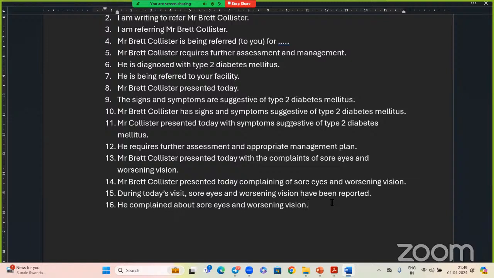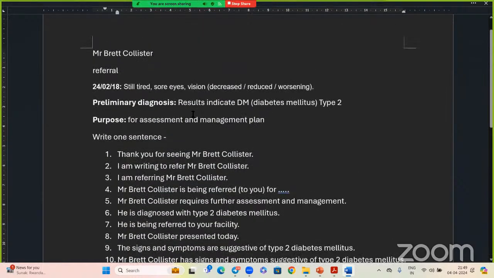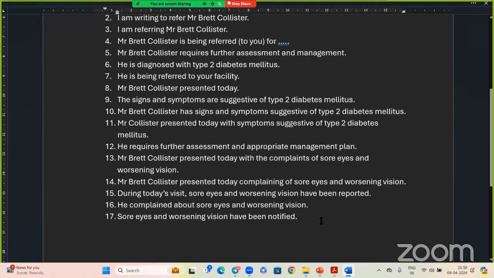Or you can say, sore eyes and worsening vision have been reported or notified. So I'm giving you multiple options. See, small points, but how many sentences we have written? That's important here.